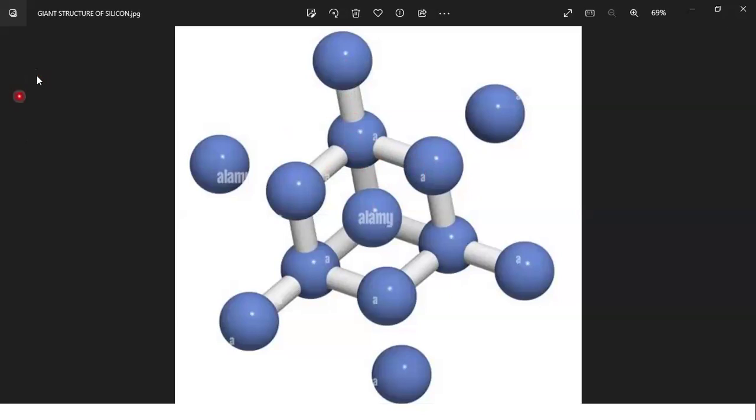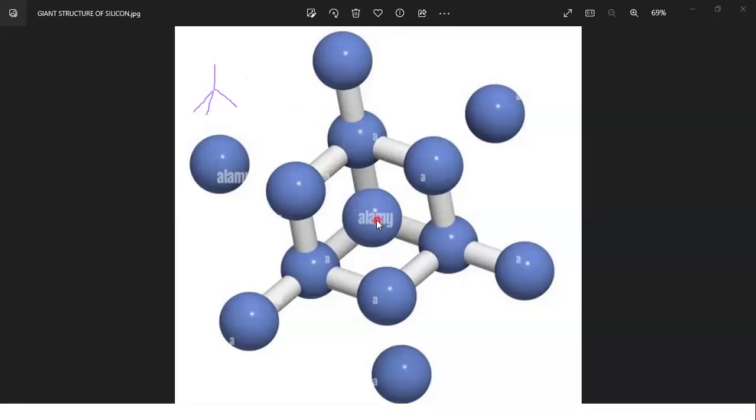The tetrahedral arrangement sometimes is drawn like this in your books. This one is drawn in 2 dimensions, but here we are looking at it in 3 dimensions.